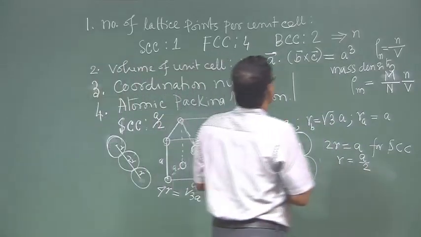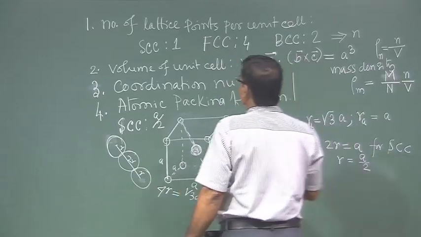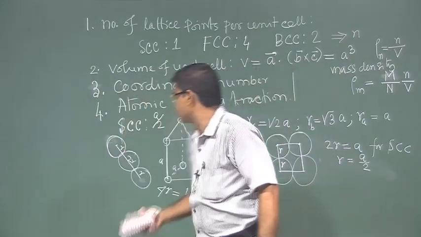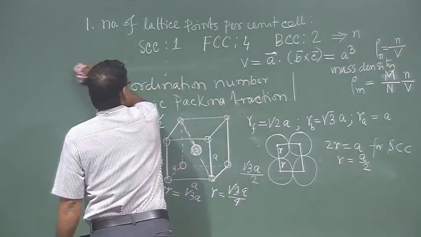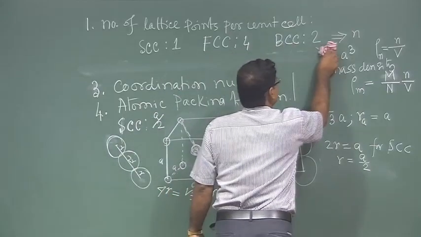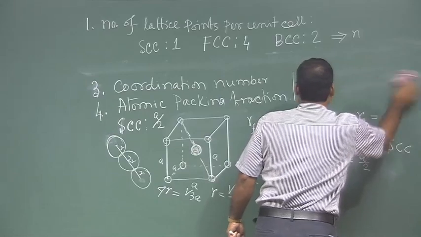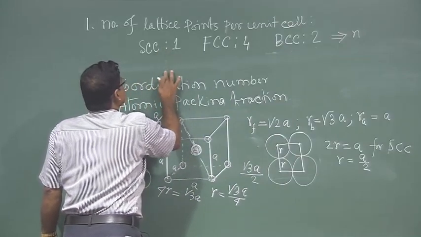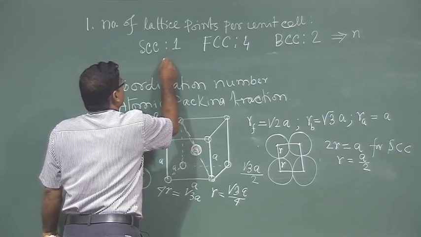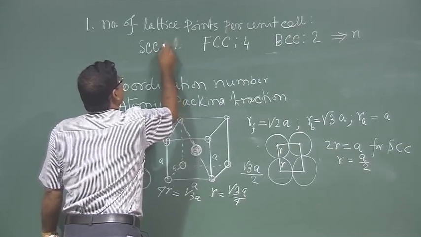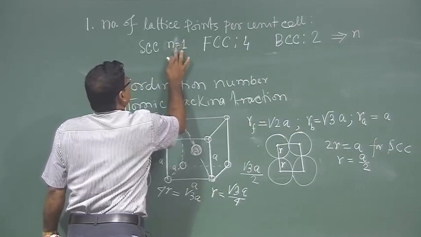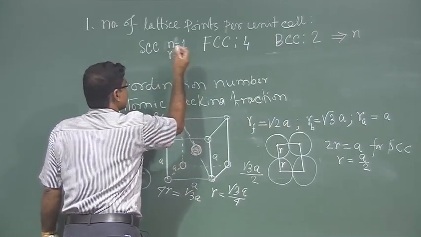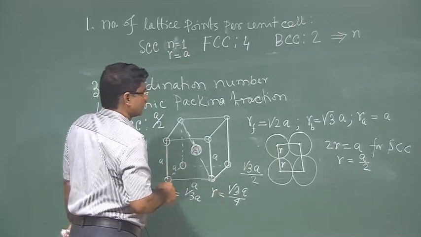So here let me write. For FCC, n equal to 1 and atomic radius R it is A by 2.